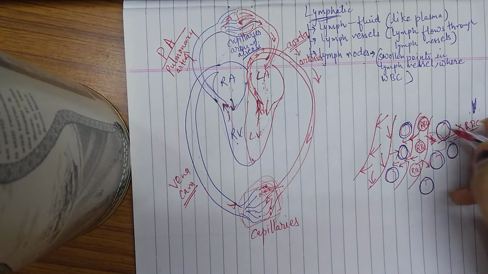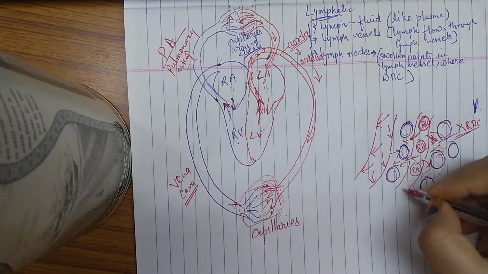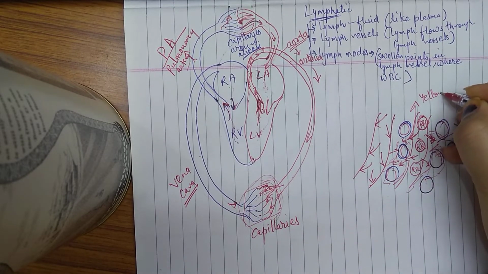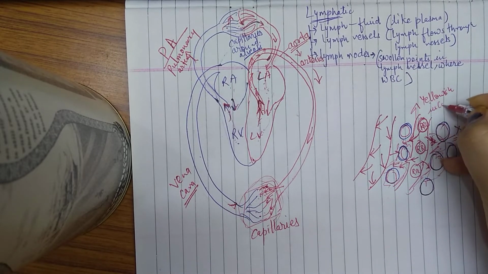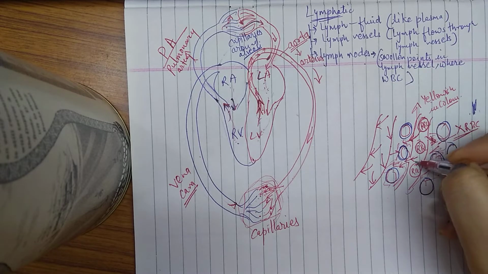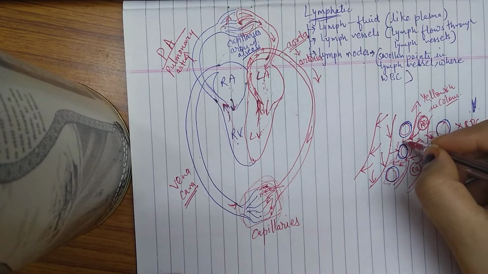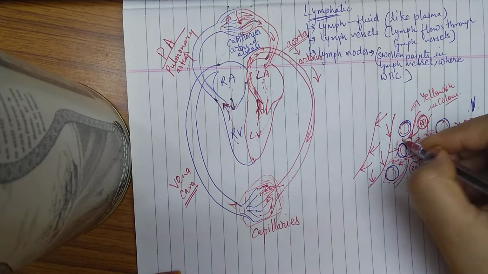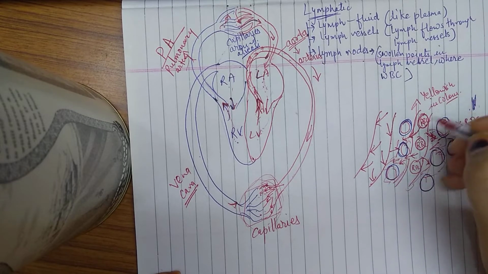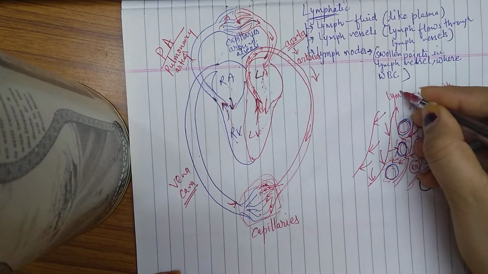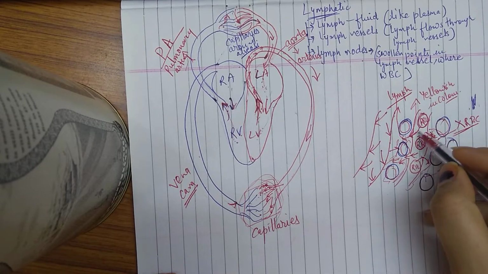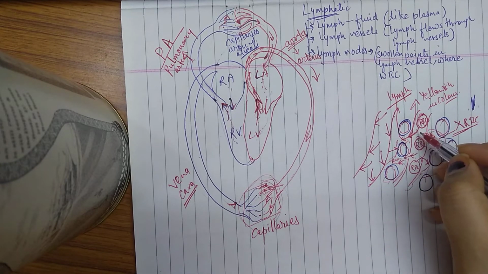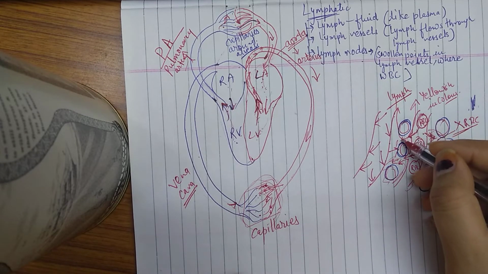That's why this plasma collected around these cells is yellowish in color, because it has no RBCs. It is not red like the blood, and we will not use the term blood for it. This extracellular fluid which is yellowish in color is known as lymph. Its composition is just like plasma because it is a part of plasma, plus some proteins of small size are there in this lymph.